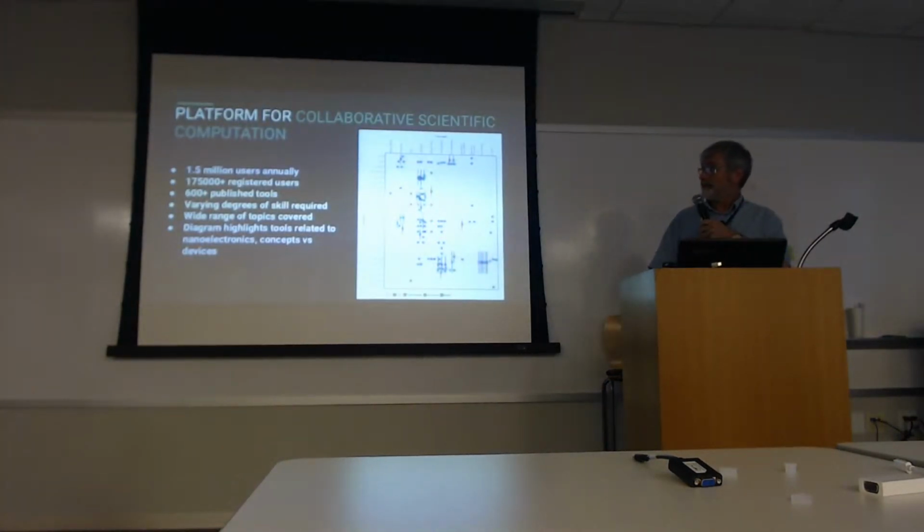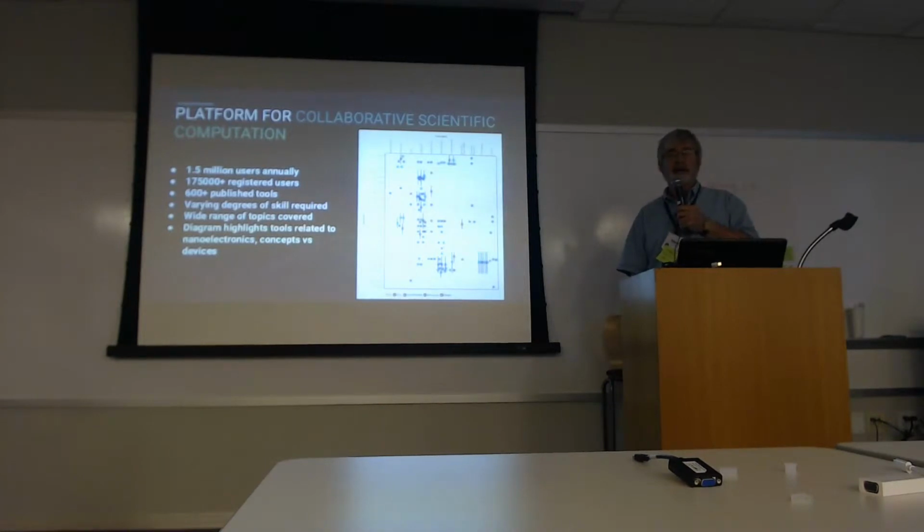Okay, so as far as numbers go, I have a few here on the screen. In a typical year, we have about 1.5 million people come visit the website. We have about 175,000 people that have actually created a login and registered. This is important because you have to do that to actually run a simulation.